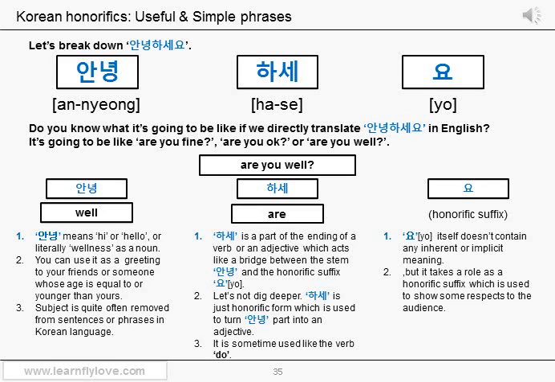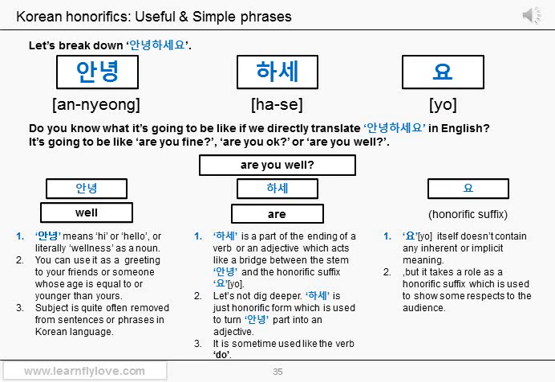Let's take a look at the first part. 안녕. 안녕 means hi or hello, or literally wellness as a noun. You can use it as a greeting to your friends or someone whose age is equal to or younger than yours without the 하세요 part. So it takes the place of the adjective well in the English sentence, are you well?